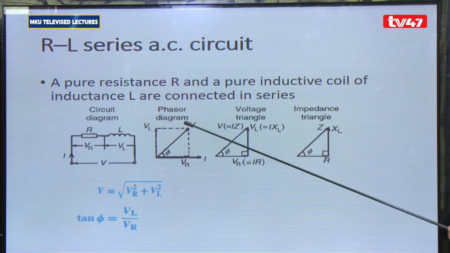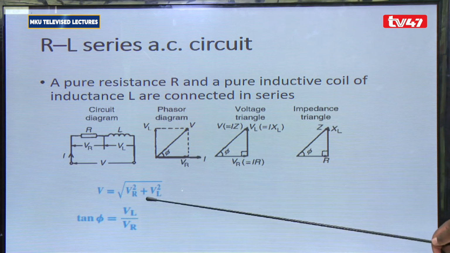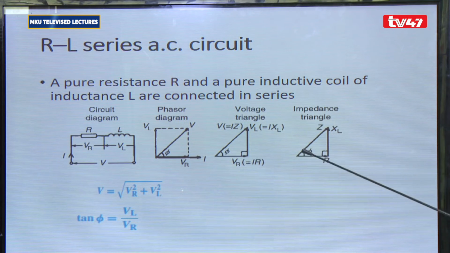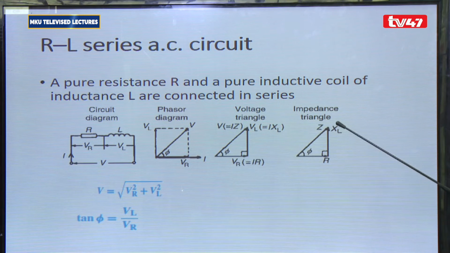So it's going to be VL over adjacent, which is VR, is what we have here. Still, it can be given from this side, where we have got XL over R. So tan phi can be given by XL over R, or the angle itself is going to be the tan inverse of XL over R.